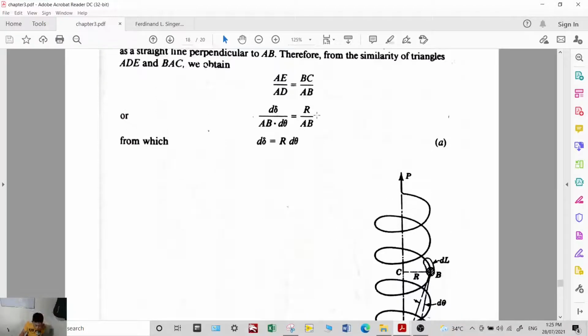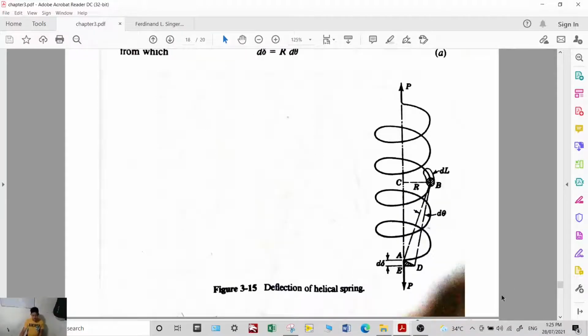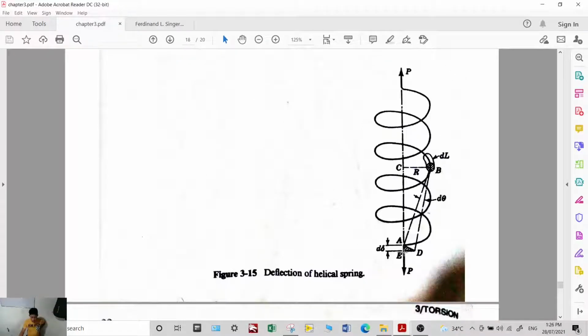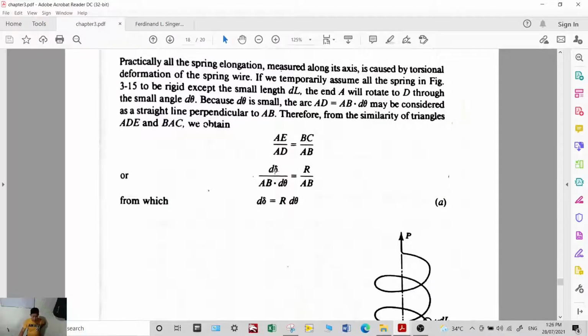Okay? Imaro ning ratio kaning gamay nga triangle, BAC. And then, ang AE nimo, ang length ani niya is small d delta, d delta.